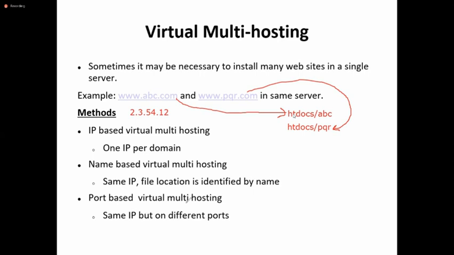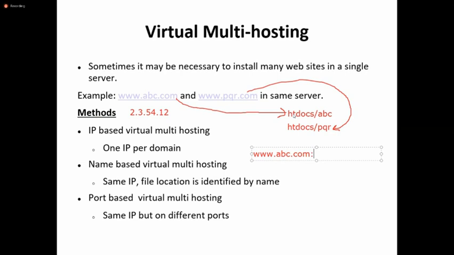Then port-based, same IP but on different ports. So it will be like this. So same IP, then how it identifies is, see, I told you now normally HTTP traffic is coming from port 80, right? So you can change the port to something else, right?